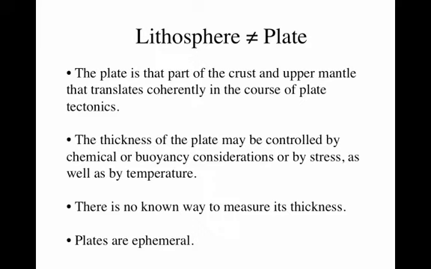The plate is the part of the crust and upper mantle that translates coherently during the course of plate tectonic motions. The thickness of the plate can be controlled by chemical buoyancy or by stress, as well as temperature. But there's no way to measure its thickness, and the plates are ephemeral. They're changing over the course of plate tectonics.